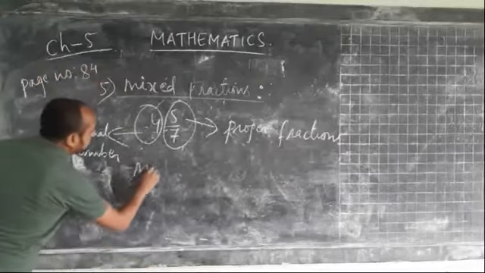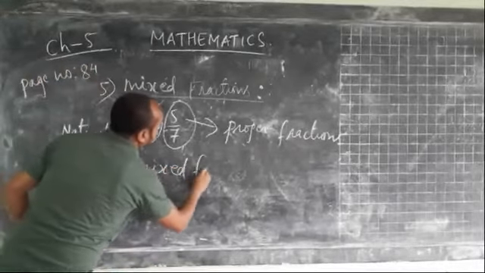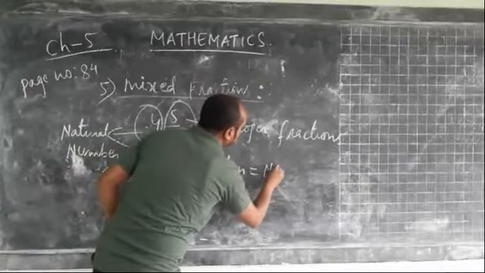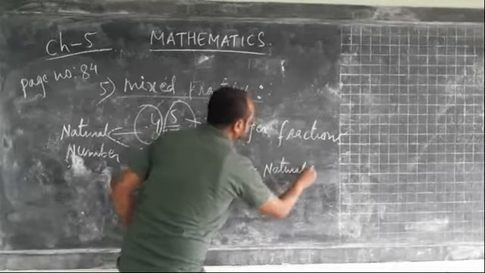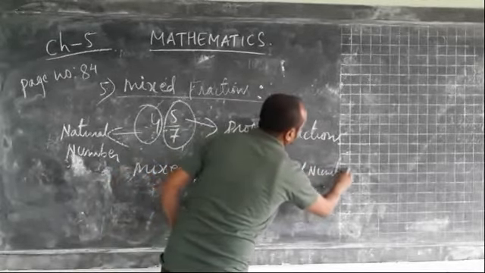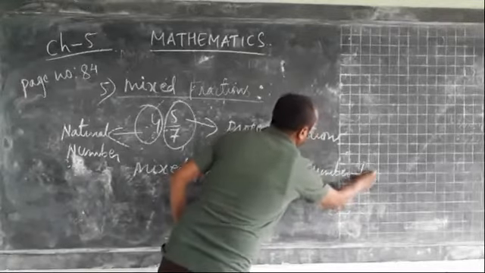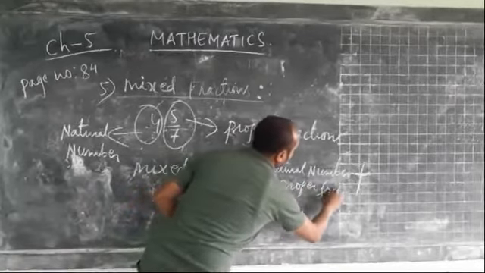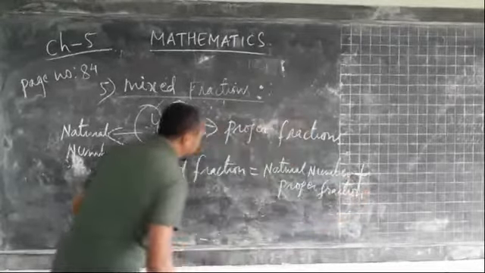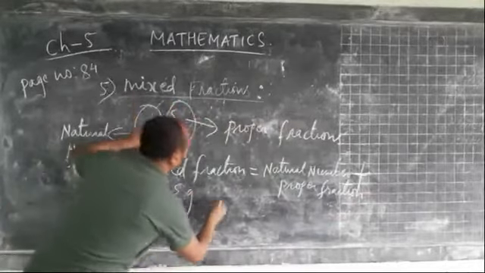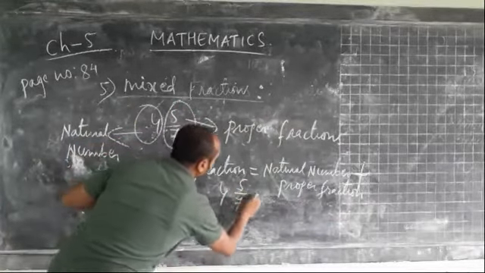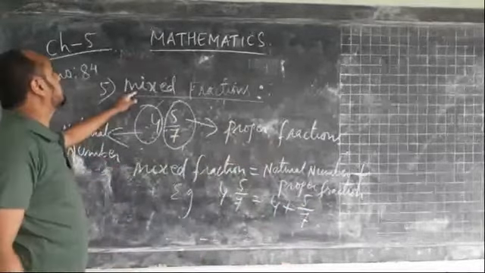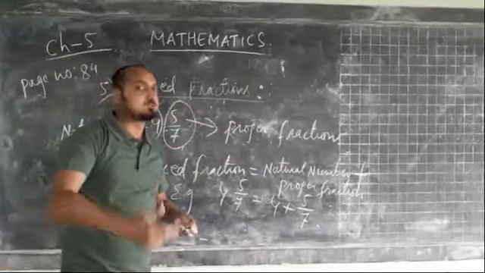Now this mixed fraction equals natural number plus proper fraction. Example, this 4 5 by 7 can be written as 4 plus 5 by 7. So this is the case of a mixed fraction. Once again, what is a mixed fraction?